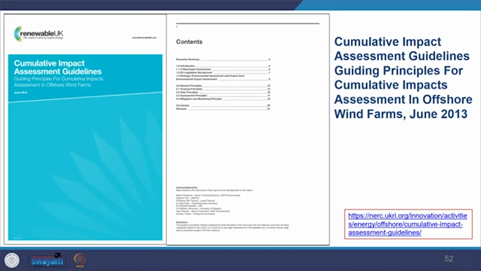Here you can see the renewable energy cumulative impact assessment guidelines, which are very detailed. You can see how cumulative impact assessment has to be undertaken for offshore wind farms. So if you are interested in this particular domain, you can look at it, and it also helps you see how cumulative impact assessment is undertaken.